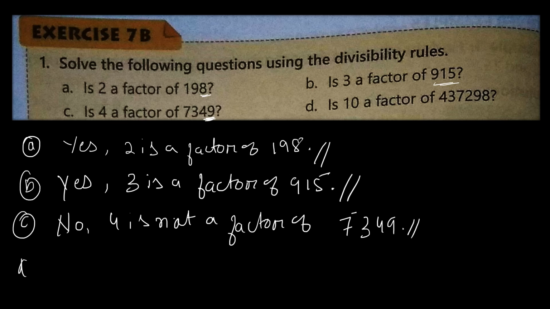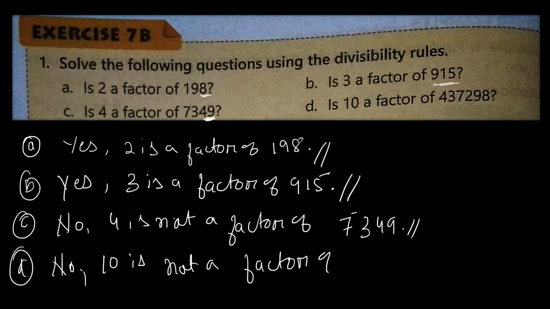So 10 is not a factor of 4,37,298. Done. Very easy. We just need to use the divisibility rules which I taught you in the previous class.